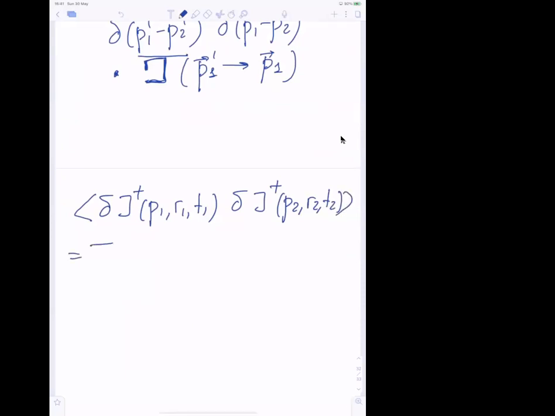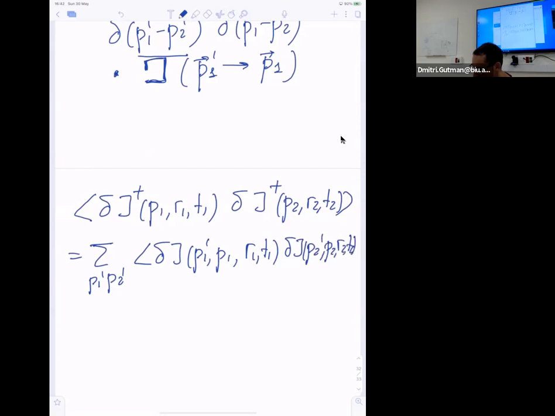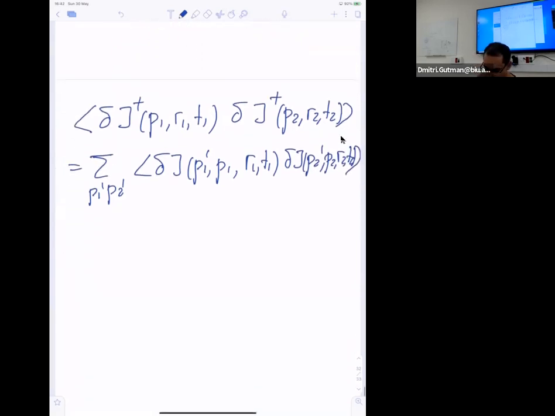This will be equal to the sum over P1 prime, P2 prime of delta J P1 prime P1 R1 T1 times delta J P2 prime P2 R2 T2. Okay, so let's just plug it in.